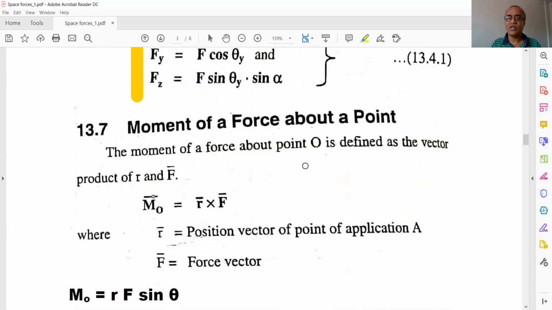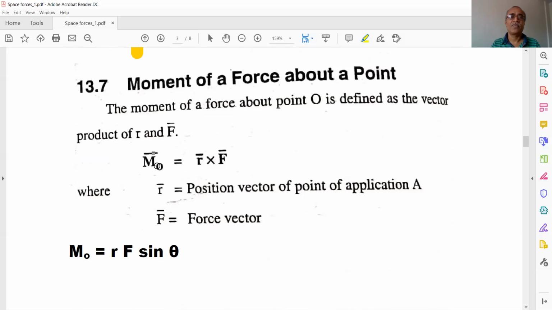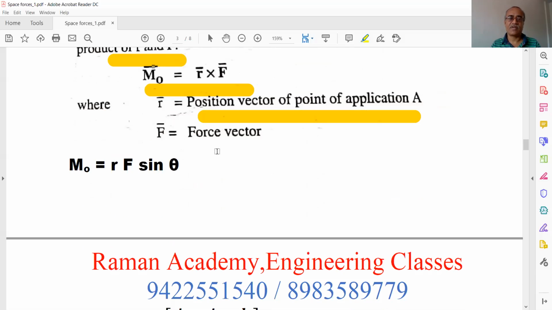Now the next point is that we have to go for the moment of the force about any point. The moment of the force is the vector product of R and F. R is the vector representation, or the position vector, of that particular point of application, and F is the force vector for which we want to find the moment.